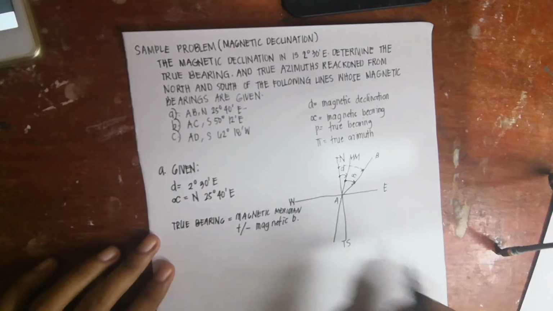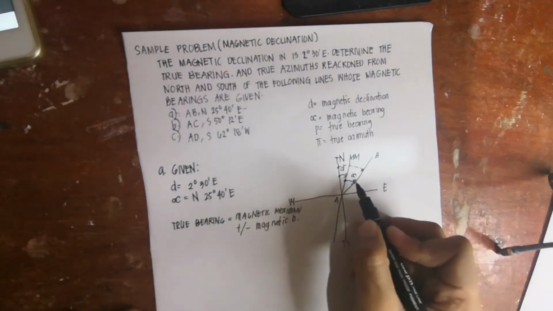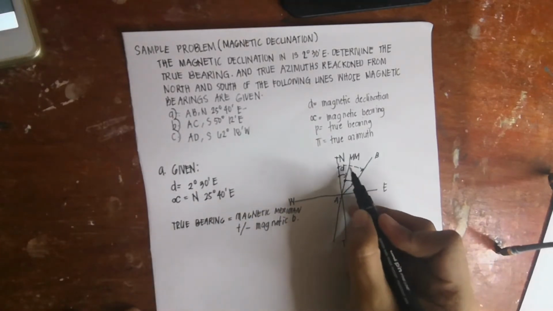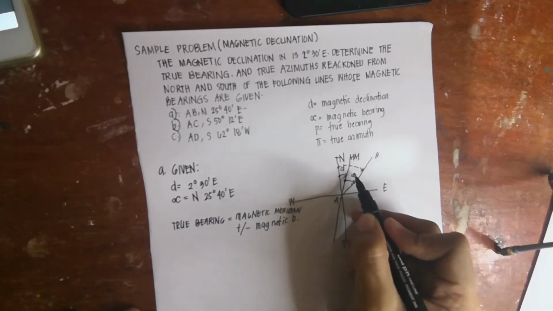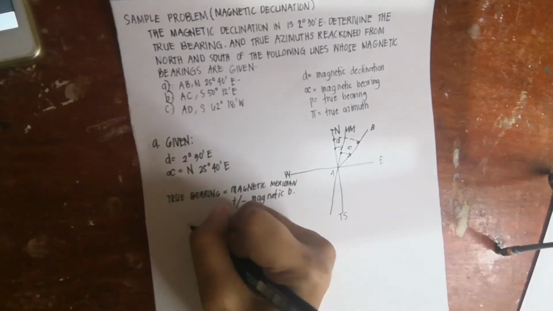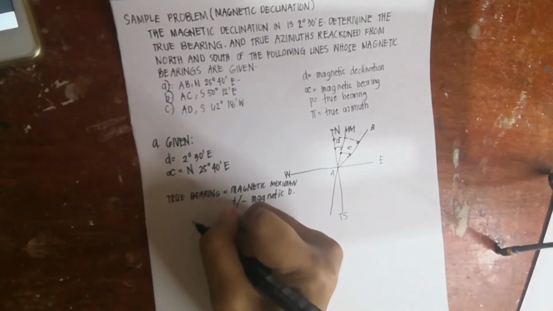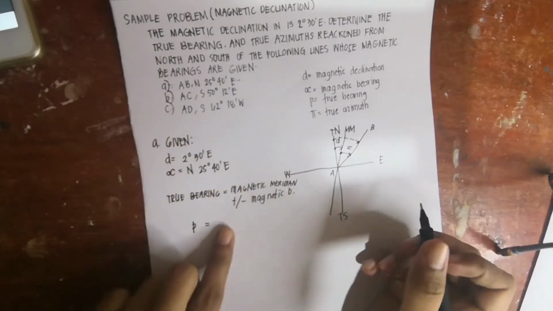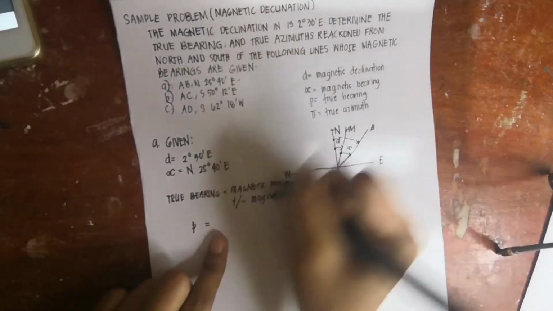We'll call it letter B. Plus or minus depends on where the magnetic declination is placed. So, B is equal to letter D.